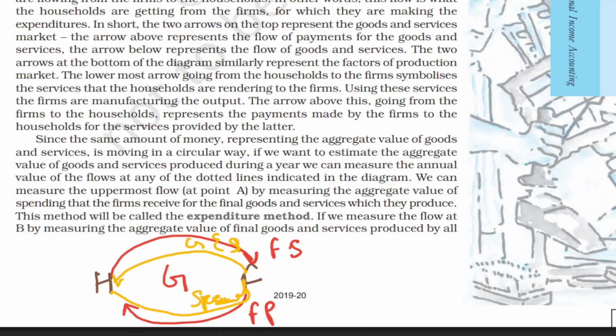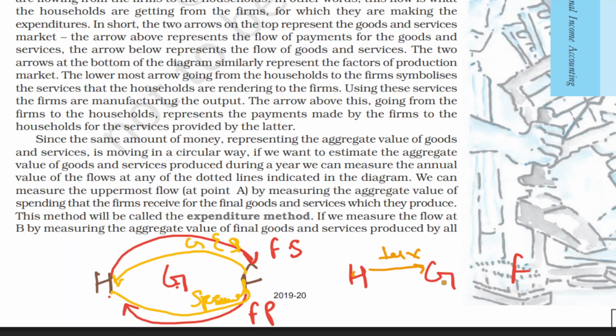right? Now what is the relation between household and the government, and firm and the government? We need to understand this. Let me make it once more: household, firm, and government. Now you have to pay some taxes to the government, maybe a house tax, maybe water tax, electricity bill, road tax, anything.